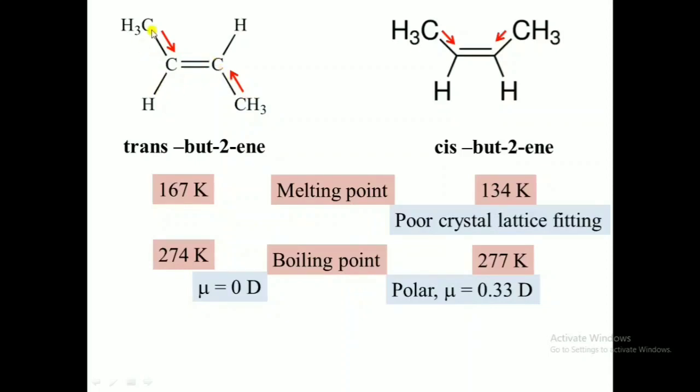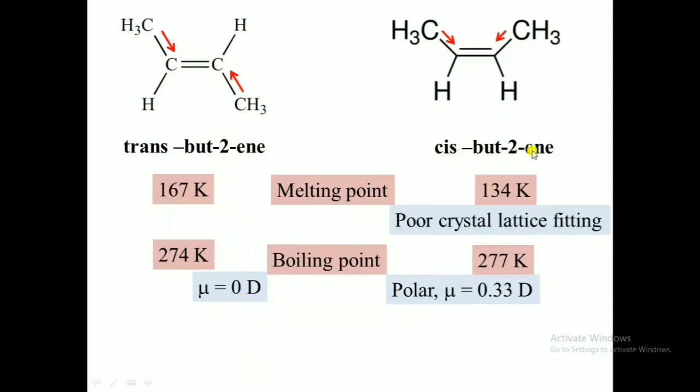Here also the CH3 group will donate electron density in this direction. So there is a separation of charge because of this electron density donation. But if you take the resultant vector, since dipole moment is a vector quantity, the resultant of these vectors nullifies. Therefore, trans-butene has a zero dipole moment.